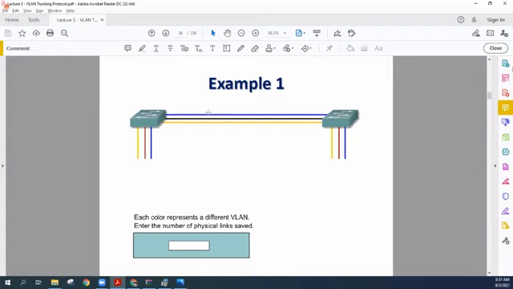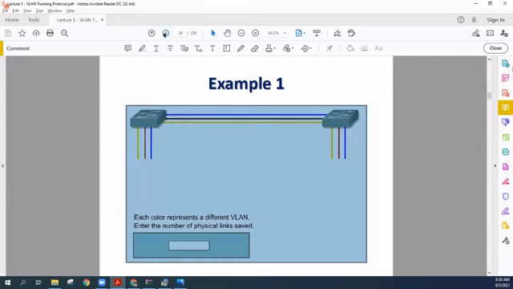Once we introduce the trunk here, how many links can we save? Can someone unmute and tell how many links we can save? Links in between these 2 switches. How many links are there between the 2 switches? 3. 3 links. When we introduce a trunk link between the 2 switches, we need only 1.